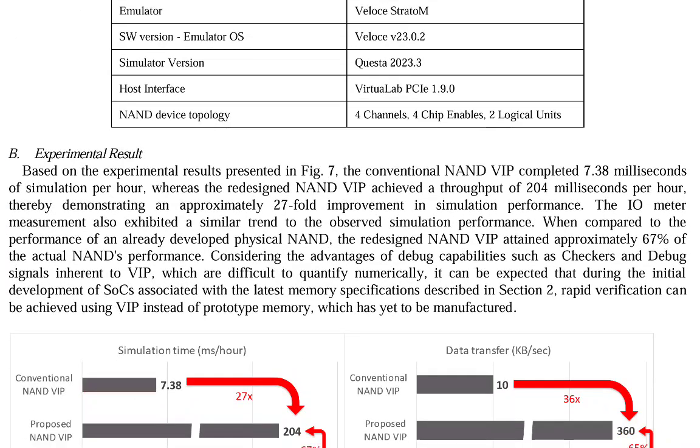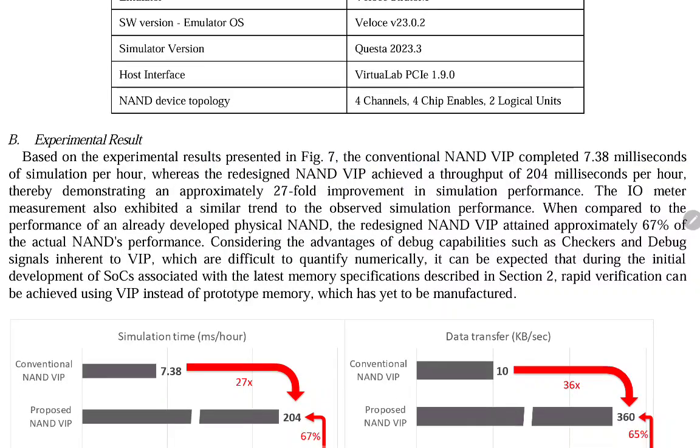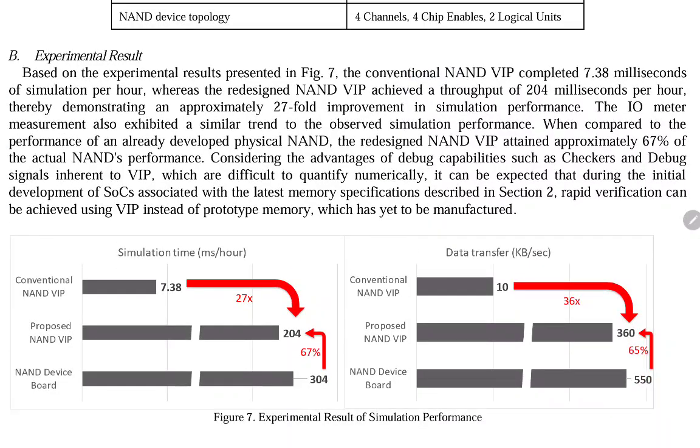Section B is the experimental result. Based on the experimental result represented in Figure 7, the conventional NAND VIP completed 7.38 milliseconds of simulation per hour, whereas the redesigned NAND VIP achieved a throughput of 204 milliseconds per hour, thereby demonstrating approximately a 27-fold improvement in simulation performance.